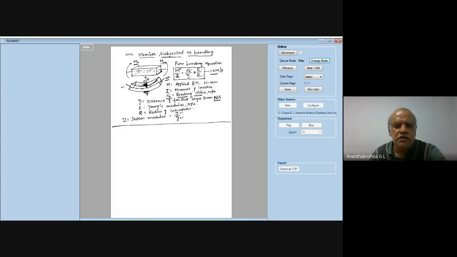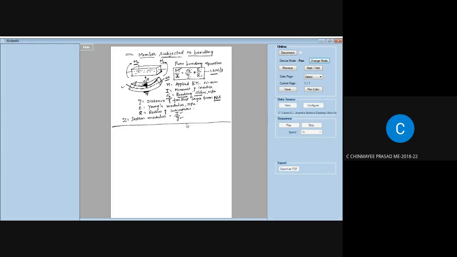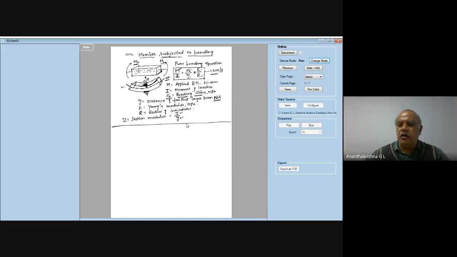Once you have noted down, please let me know. See, this MB or M, they are the same, okay?